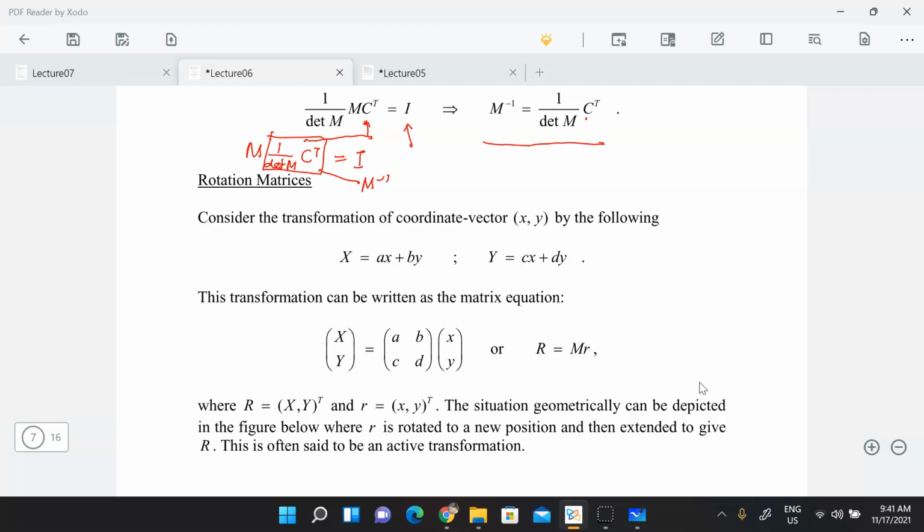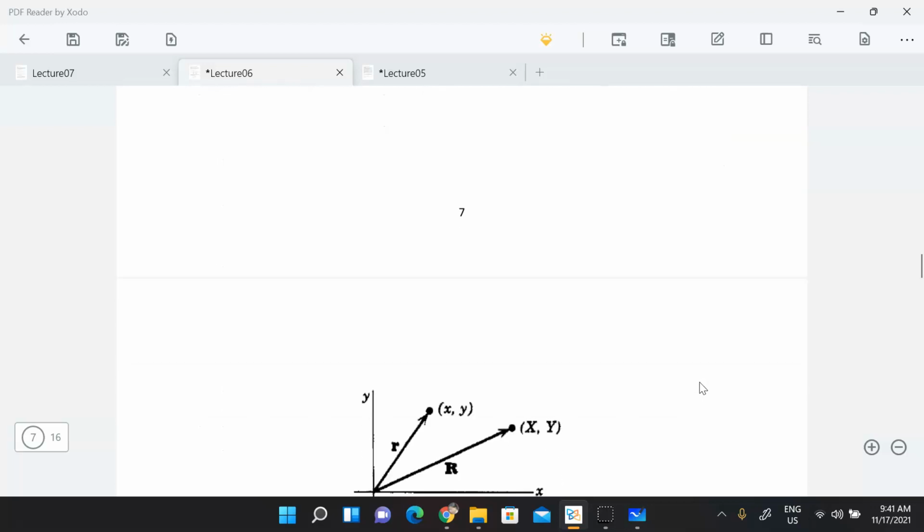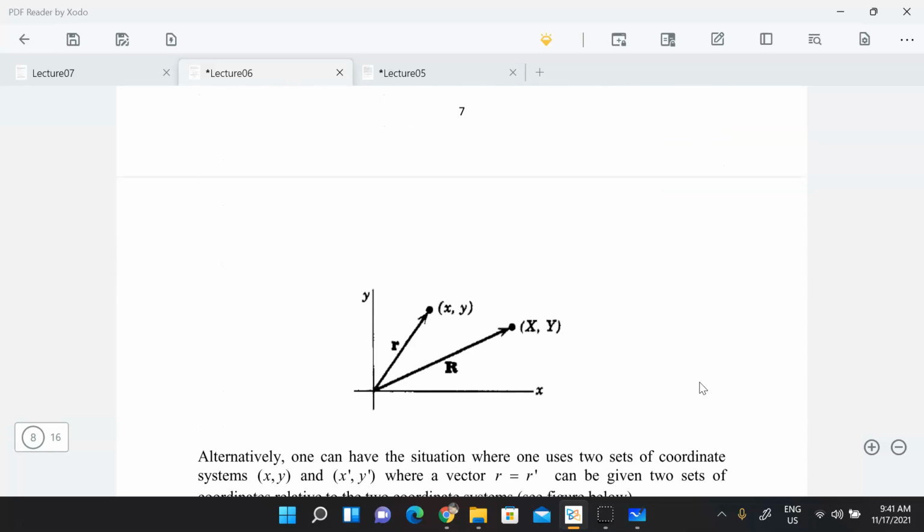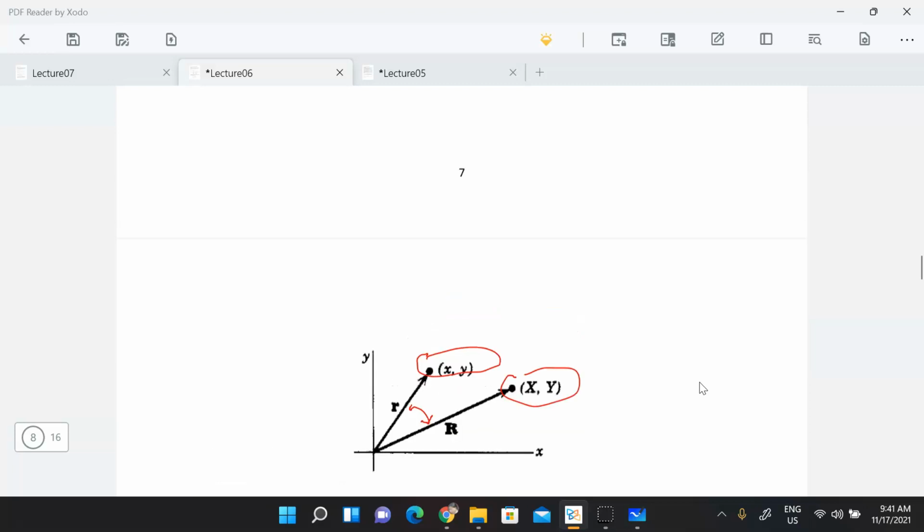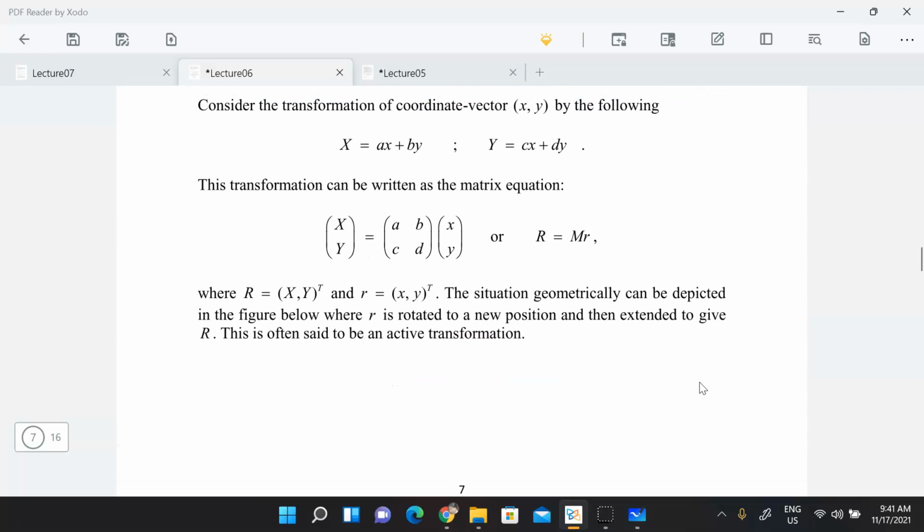Let me go to the picture here first. You have this point being rotated in some way, so you can see some kind of rotation here. Then you might ask, what would be the transformation law in that particular case?